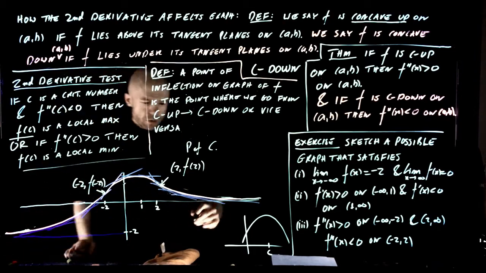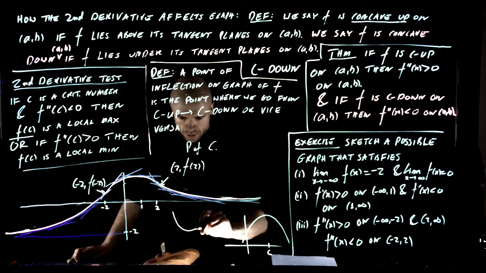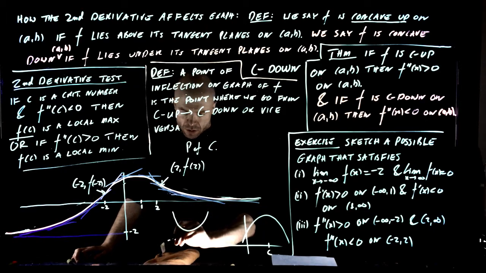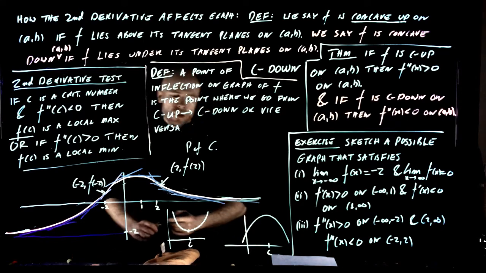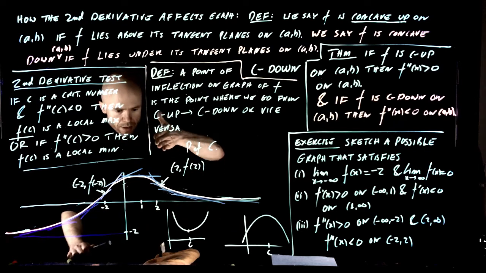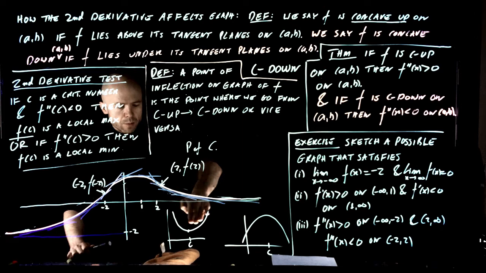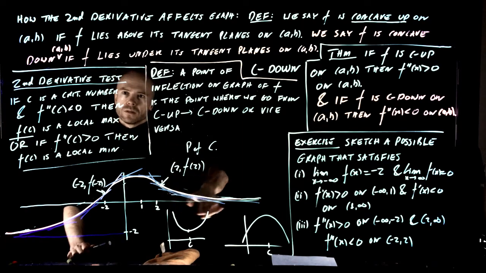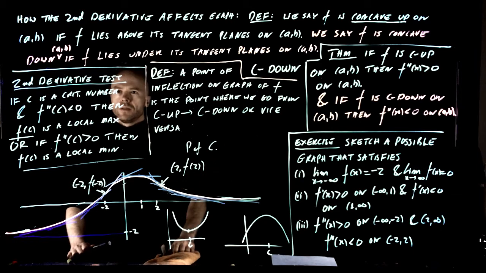And why is that? We just draw the picture, right? If we have a local min like this, this is C, this here is f of C, then what's happening? We have negative, less negative, less negative, 0, positive, more positive, more positive, right? So the gradient is increasing. Yeah? So the second derivative is positive.